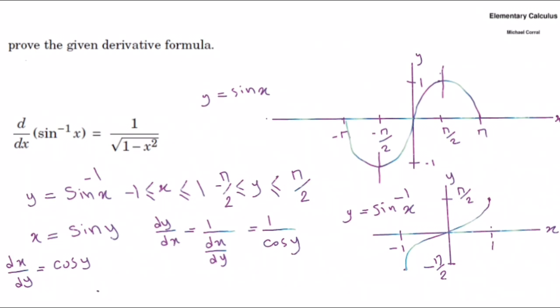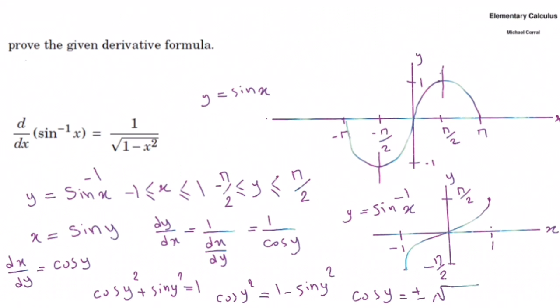And cosine y squared plus sine y squared equals 1, and cosine y squared equals 1 minus sine y squared. So cosine y equals positive or negative square root of 1 minus sine y squared.